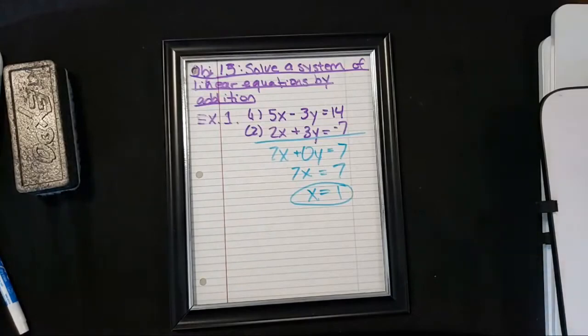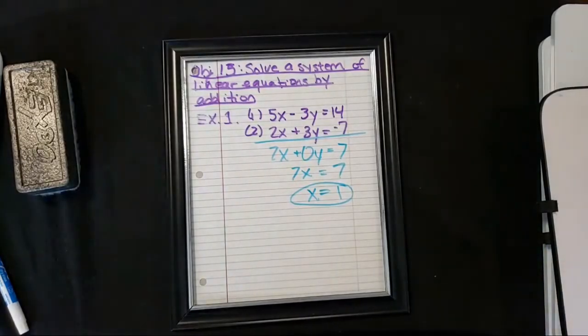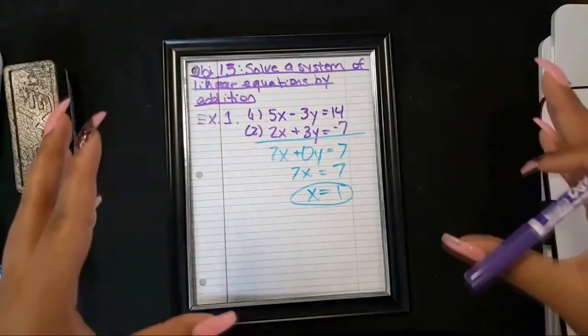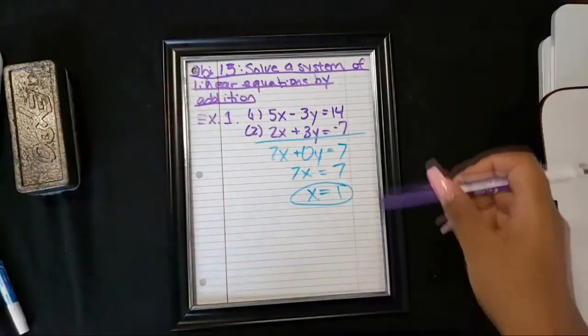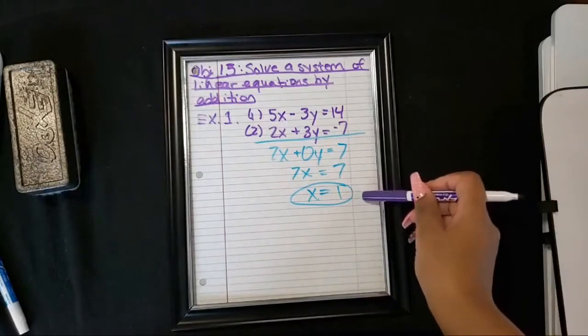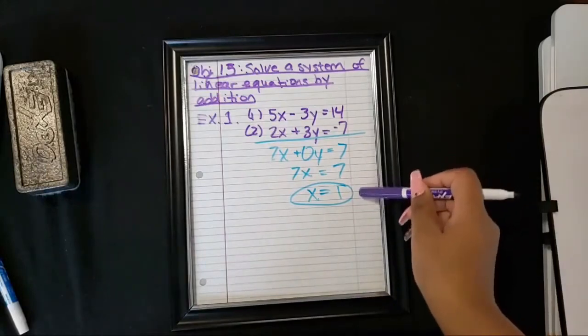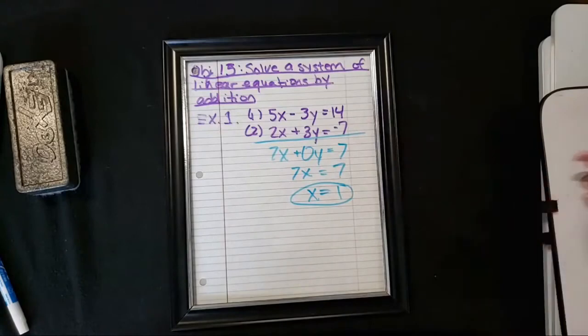With the substitution method, you want to make sure that whichever one you take to solve for x or y, you plug that into the other equation. But with the elimination or addition method, when you add the two equations together and solve for a variable, you can take this variable and plug it into either one of the equations.